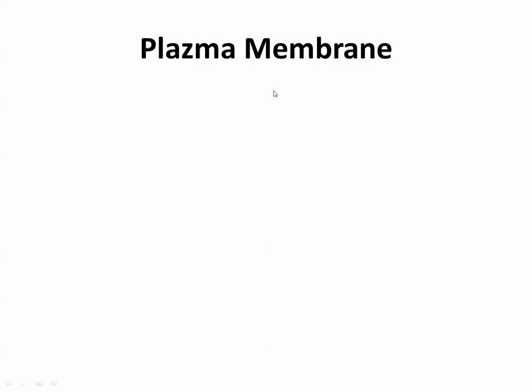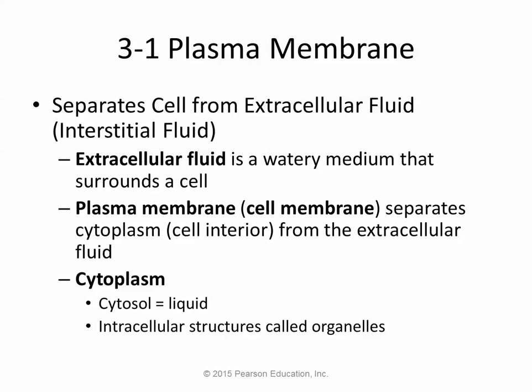So let's first look at the plasma membrane, because this is the border between the inside and the outside of the cell. The plasma membrane, as we just said, separates the intracellular fluid, which is called the cytoplasm, from the extracellular fluid. And the cytoplasm, as we said, contains all the structures called organelles and the cytosol, which is the liquid in which they're suspended.